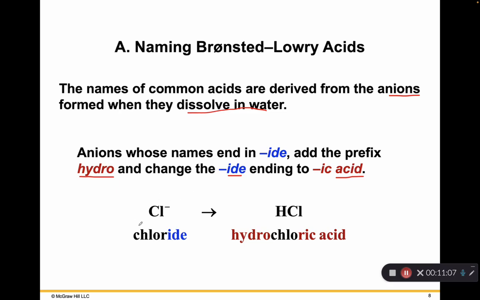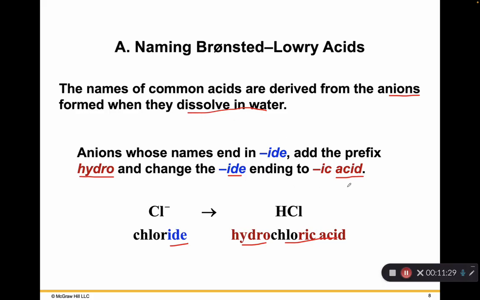So if you have some compound that can form chloride ion, then since we have chloride as an anion, we make it chloric acid, and then we have to add the word hydro in front of it. So for HCl, it is hydrochloric acid.